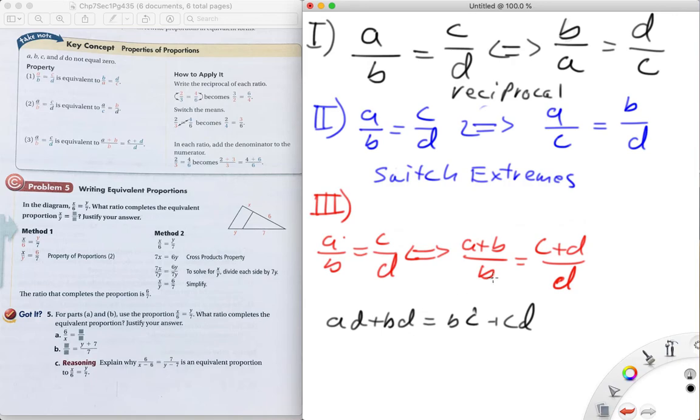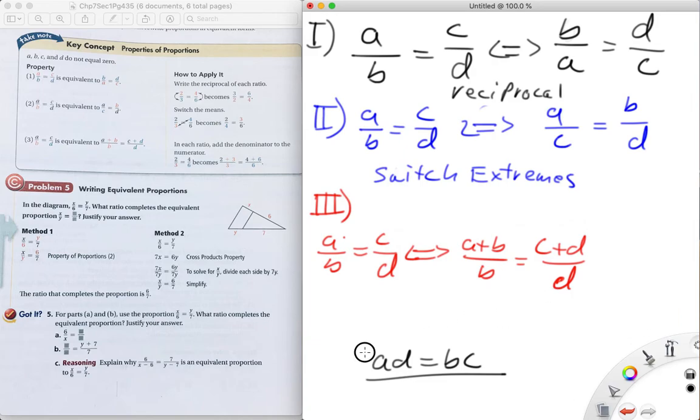Let's see, B times C and BD. Okay, BC, BD. These guys cancel. So then I'm left with AD equals BC. So it works. I still end up with the same thing. There's another way of thinking about it, but I'm not going to rack your brain on that one. Okay? So I can do that as well.